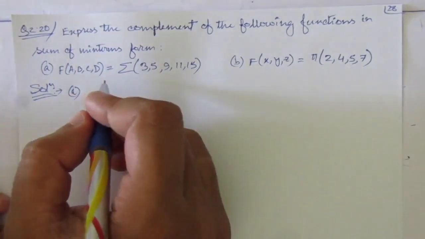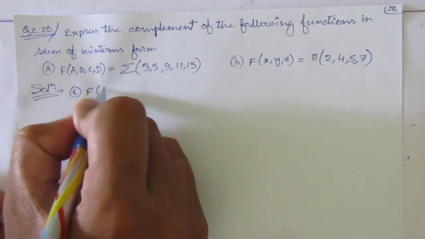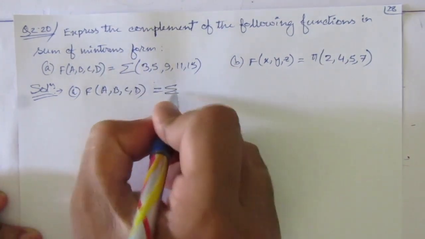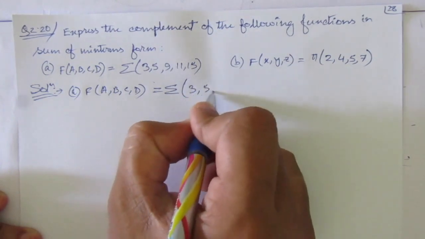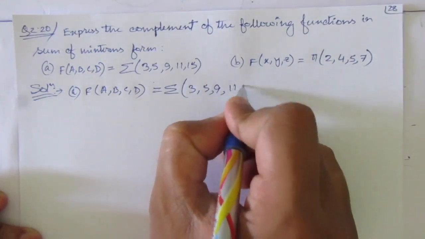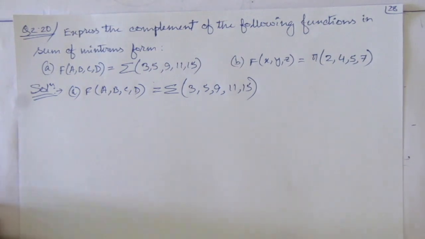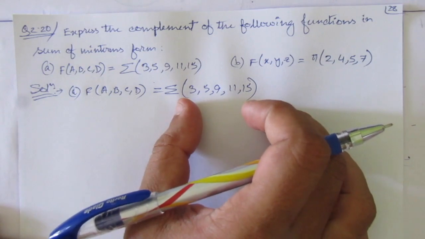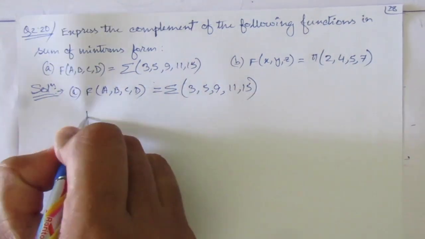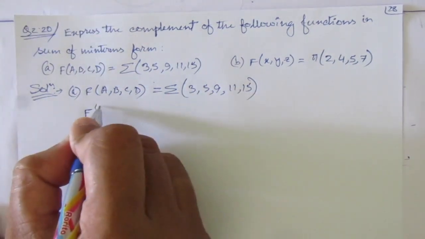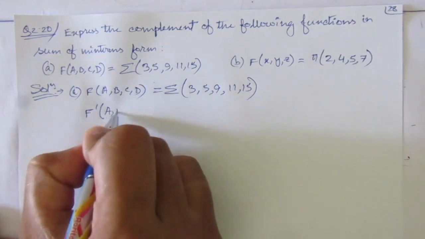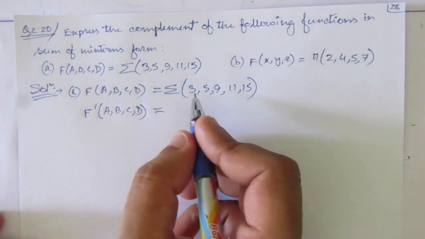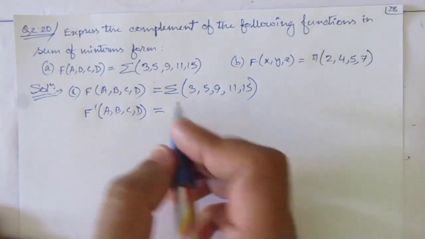The first problem is F of A, B, C, D equal to the sum of 3, 5, 9, 11, 15. Here we are given the function in sum of minterms form already, so we have to find the complement of this function. If we take the complement, that is F bar of A, B, C, D, it will contain the terms that are not present in this sum of minterms expression.